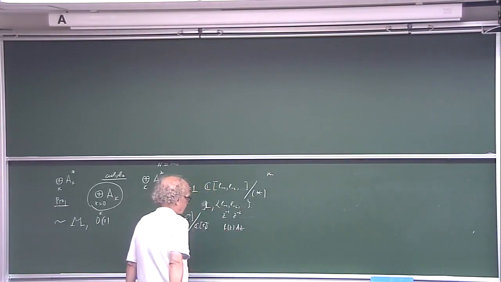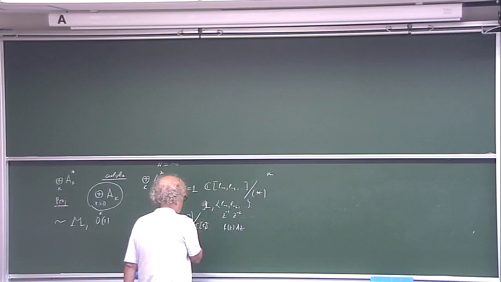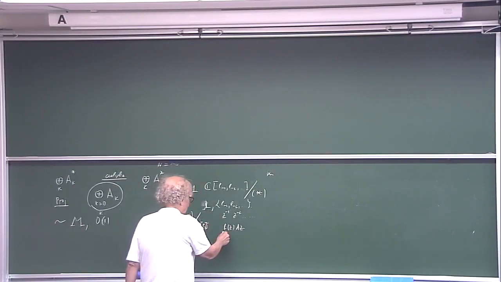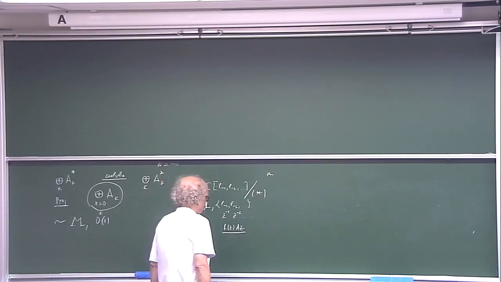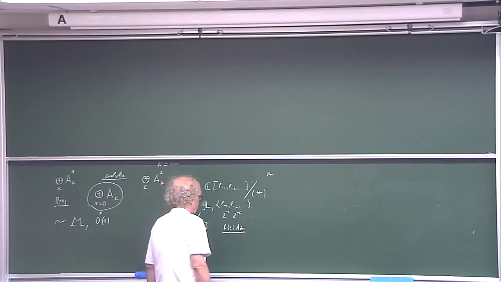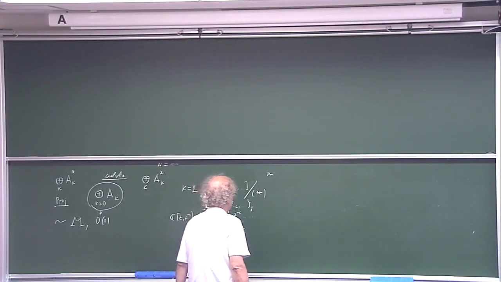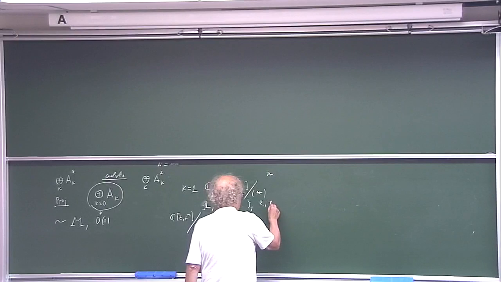So this object is a one form, and if I want to calculate the pairing of this with this, I just take the product and take the residue.